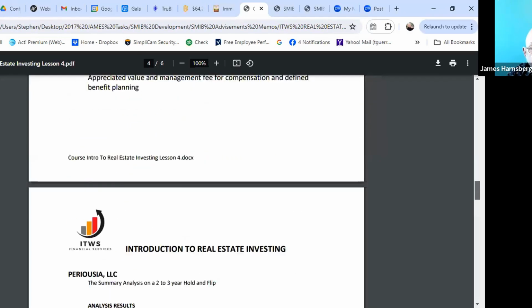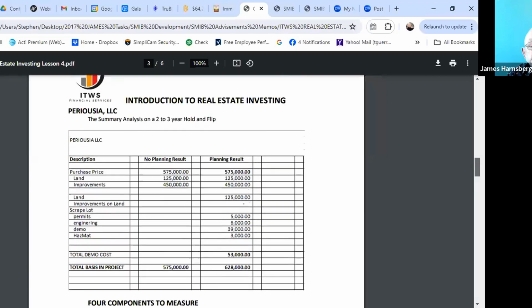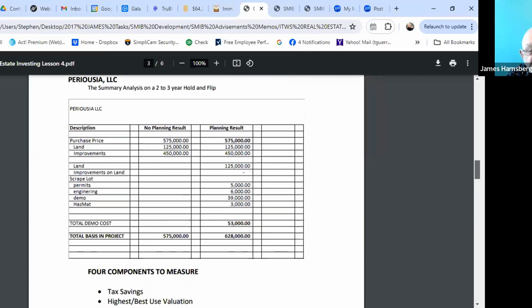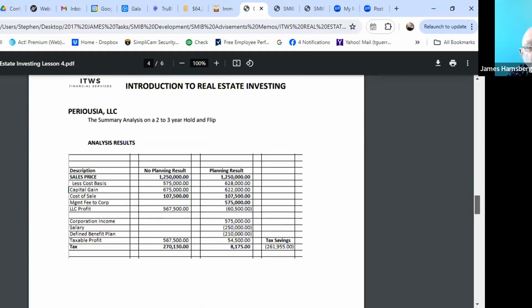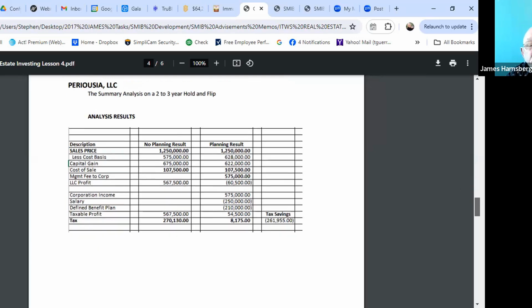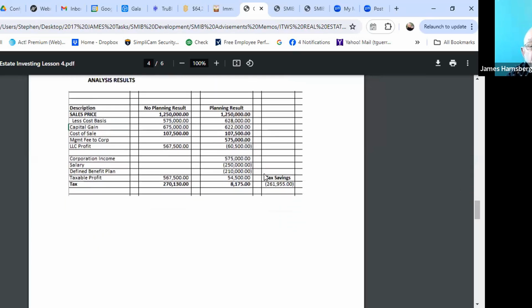So just to recap, basically, we took a property where our total investment was 628. We ended up after cost with about $1.1 million and change. We've already turned part of that into nearly $400,000 in profits in the stock. We still have all of the capital.